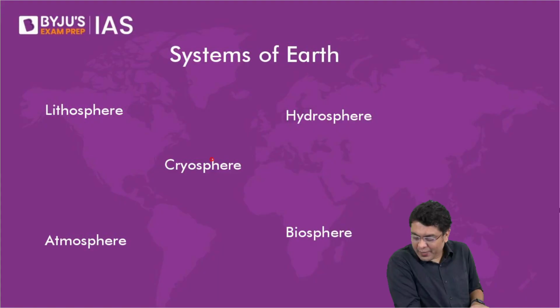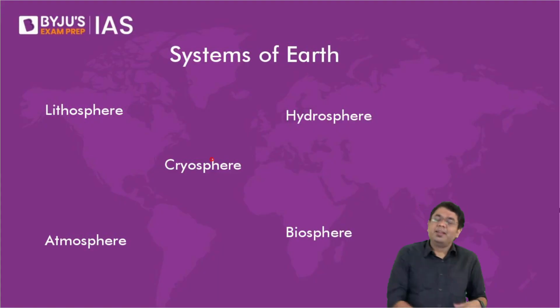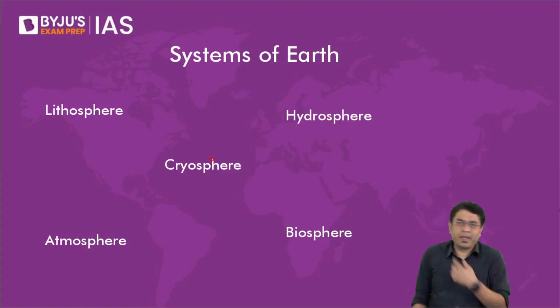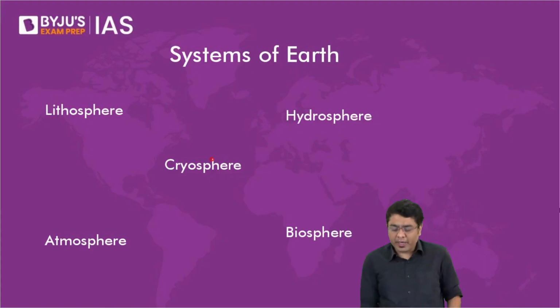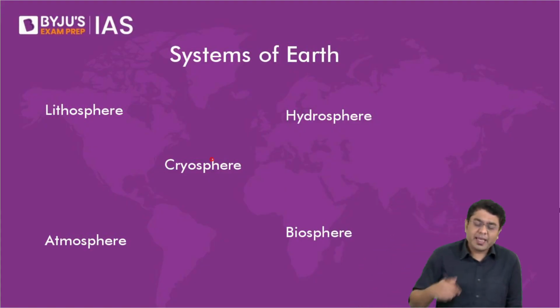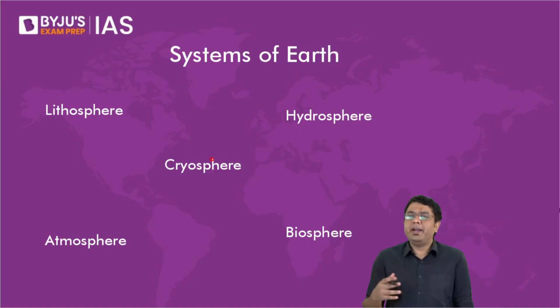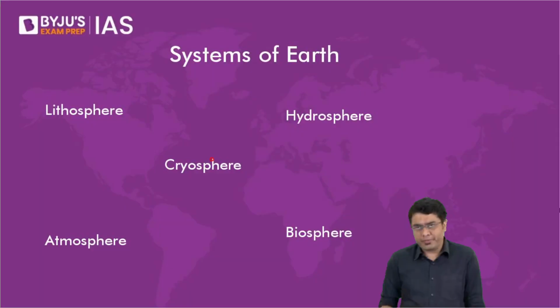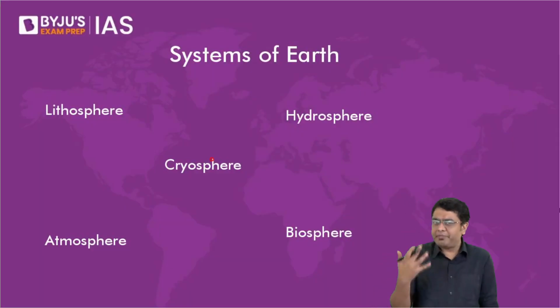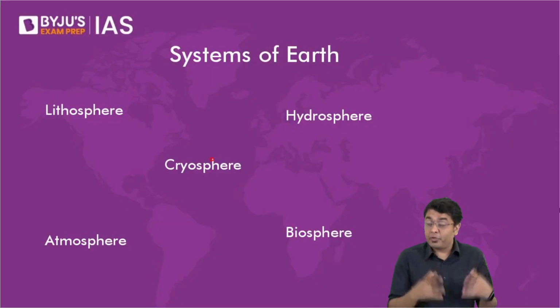Right now, after this, the systems of the Earth that we will be covering across the entirety of our course duration. First of all, understand that planet Earth has been divided into typically 4 systems, and nowadays a fifth system is also considered because of its unique role.